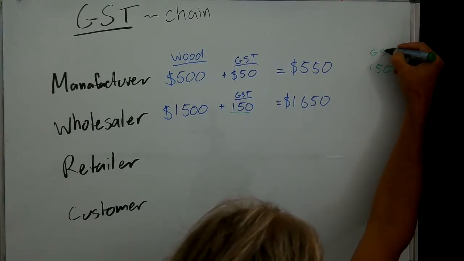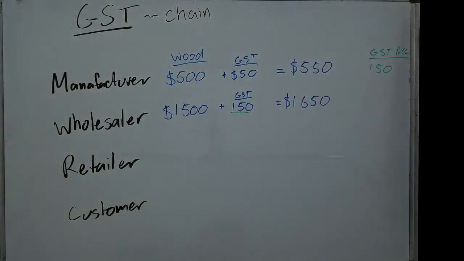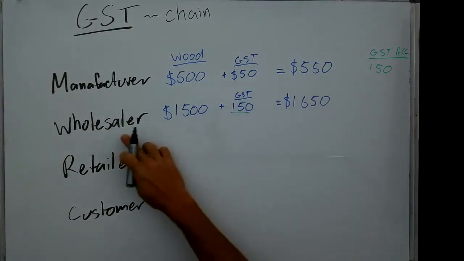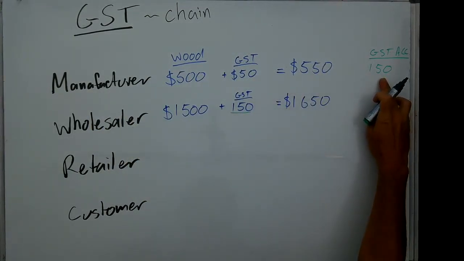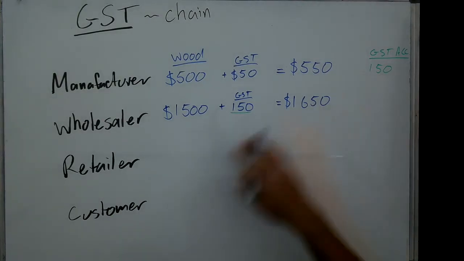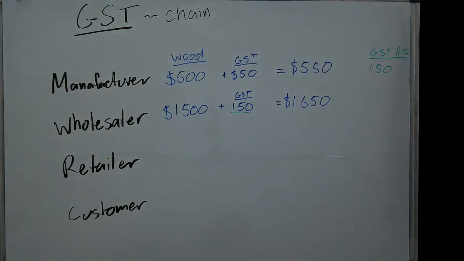So this is the GST account. So the manufacturer puts the GST from their sale into the account, and then at the end of the tax year, assume that this happens for every single sale of goods or services.